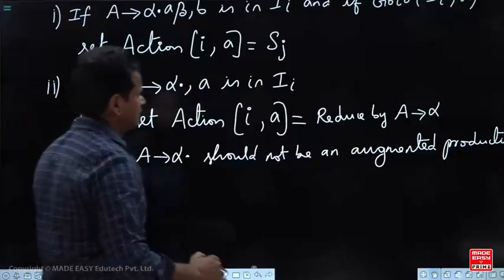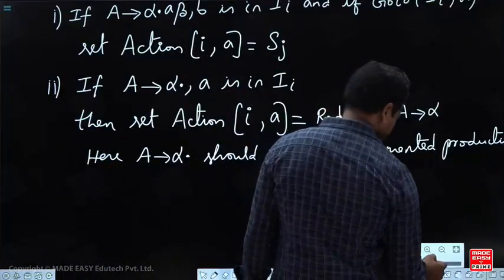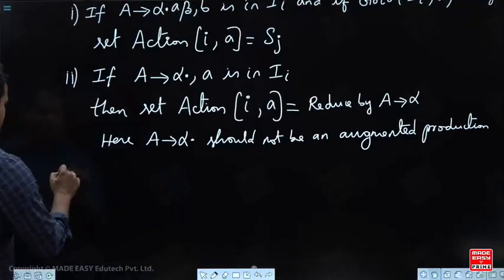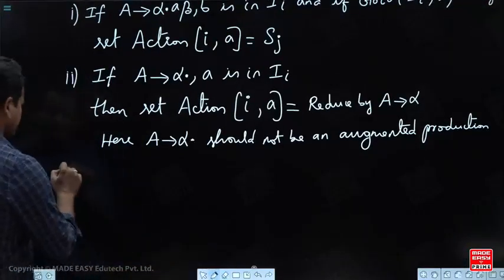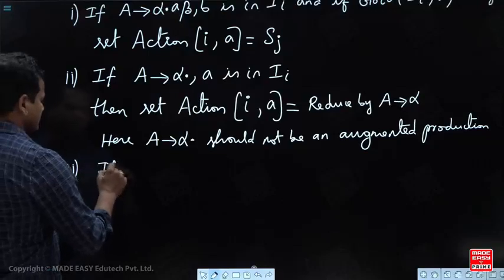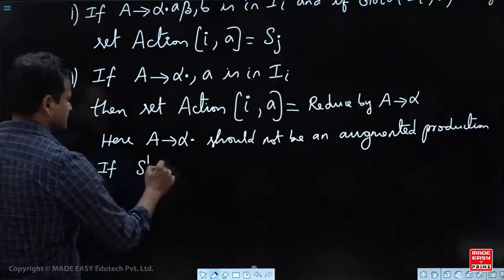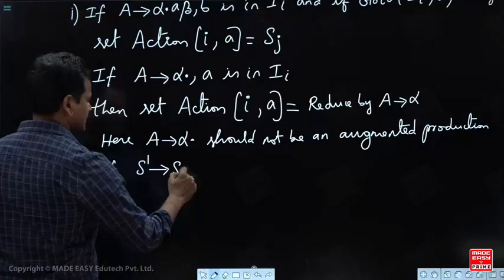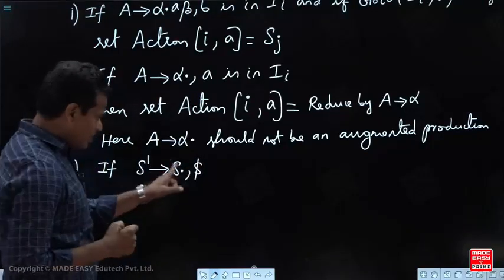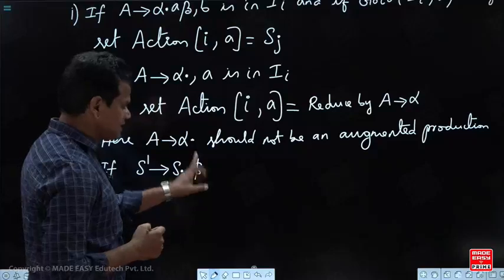Now the third point. What is the third point? The third point is if it is an augmented production. What is the augmented production? This is the augmented production. And if look ahead is dollar, so for augmented production, definitely dollar will be there.